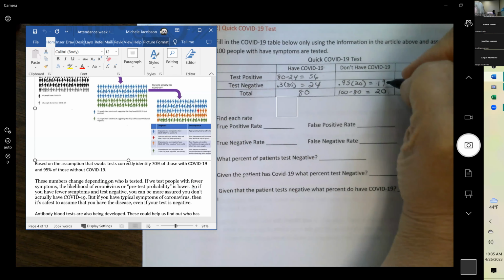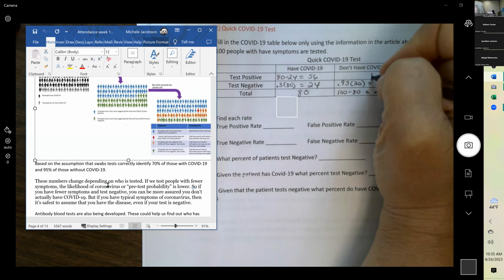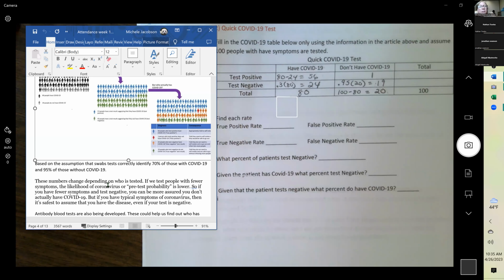Which leaves, if this has to add to 20, 1. Any questions? So you really only needed that paragraph, but I thought it was good for students to read all the article, or if you were interested, you could go back and read it. Any questions on that part?